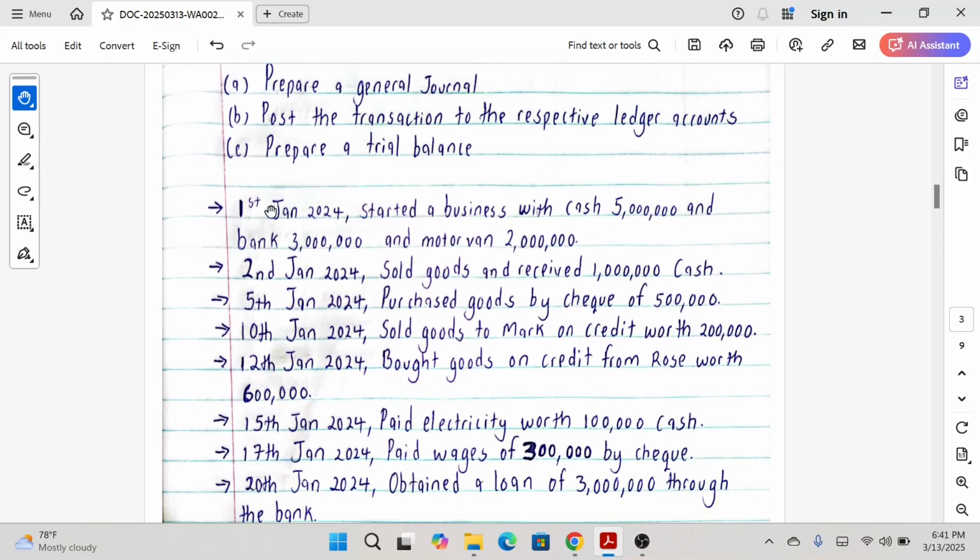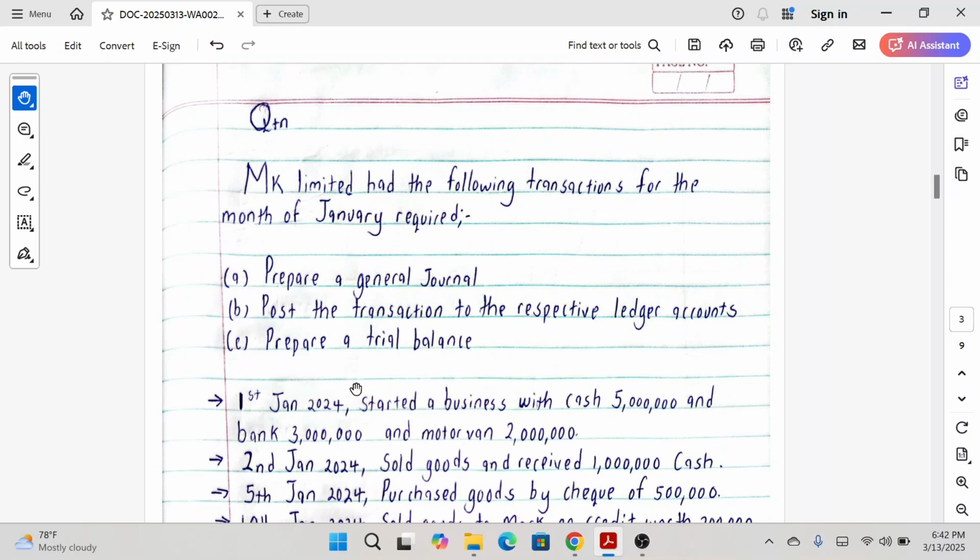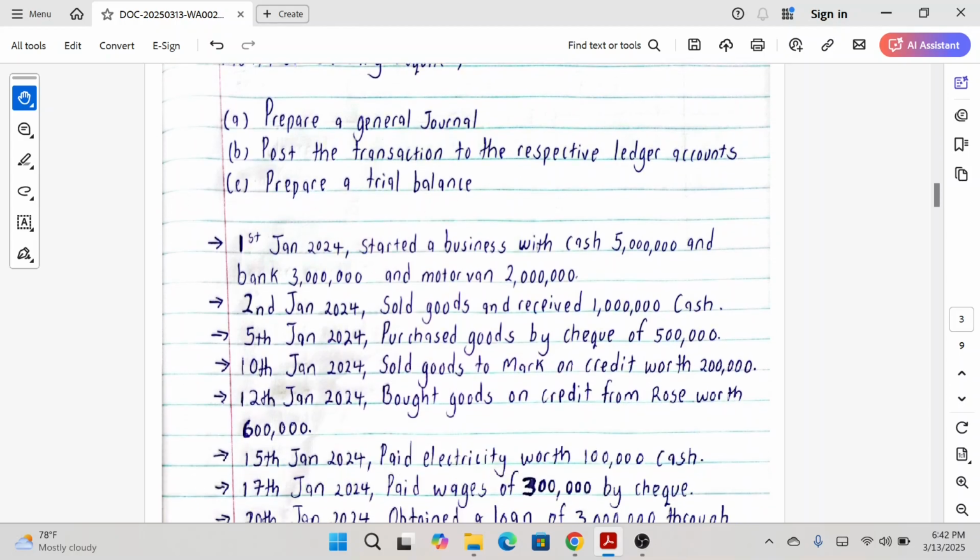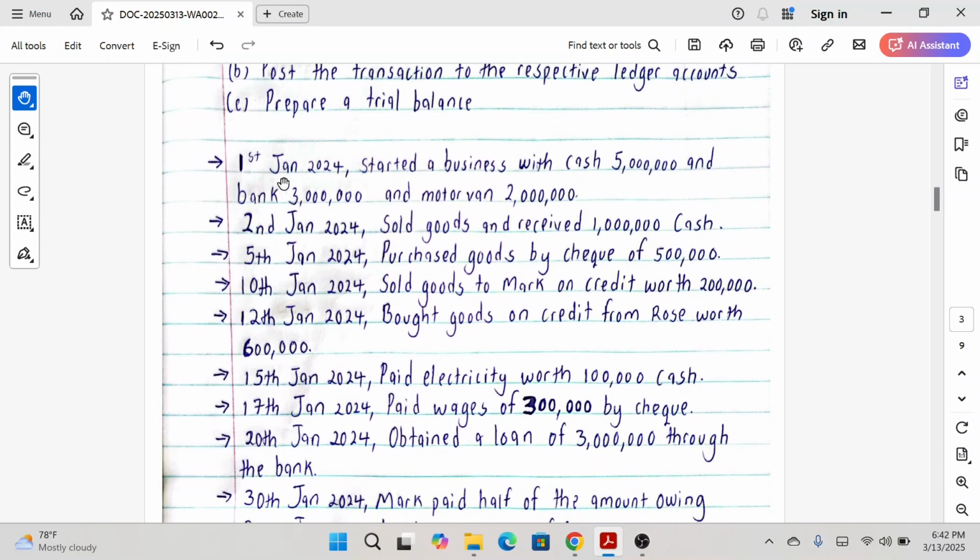We are going to look at all these three. After preparing the general journal, we post to the respective ledger accounts, and then prepare a trial balance. Pay attention as you follow my cursor so that you get all the information that I need you to get.